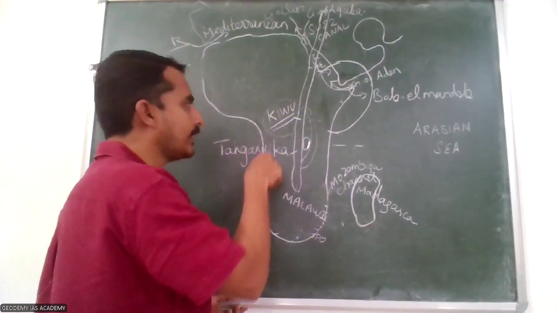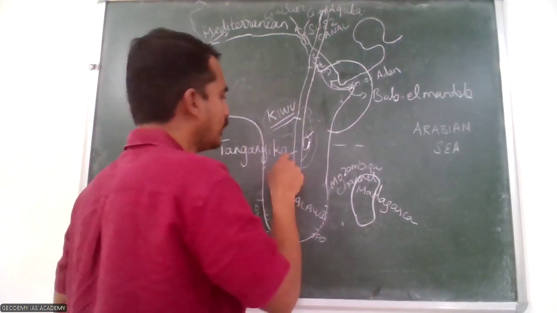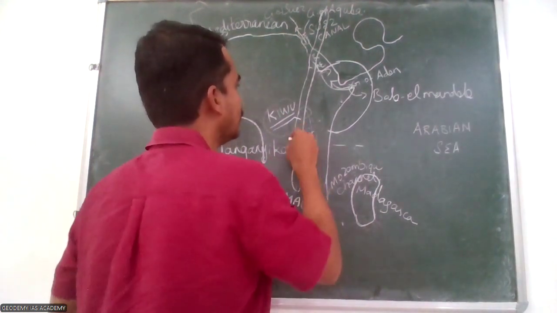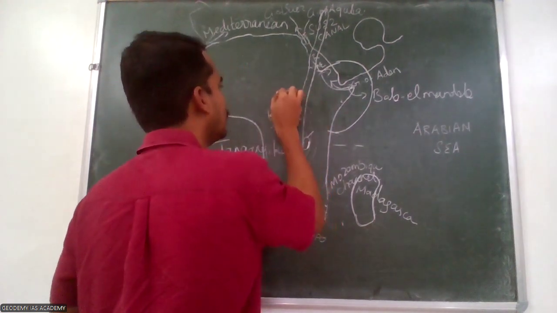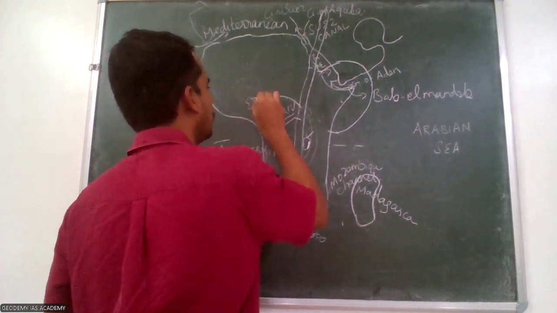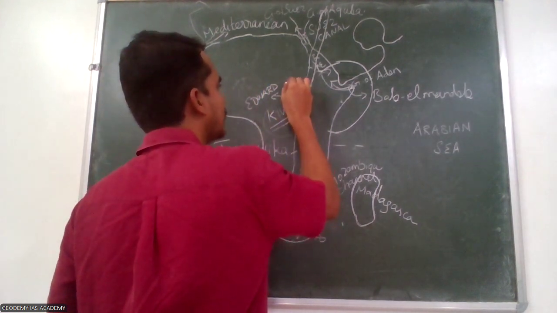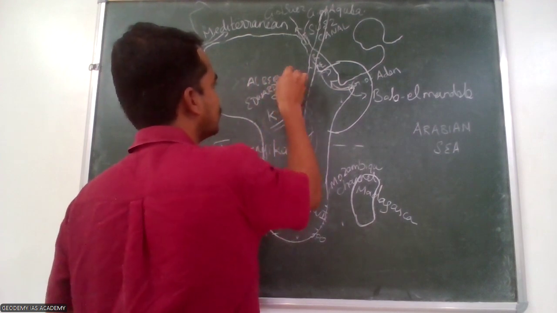So Malawi, Tanganyika, Kivu, Victoria Lake. Tanganyika Lake and Kivu lakes are Rift Valley lakes. Then another lake, slightly in the north, Lake Edward and Lake Albert.